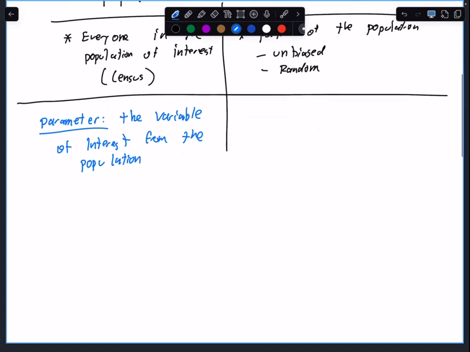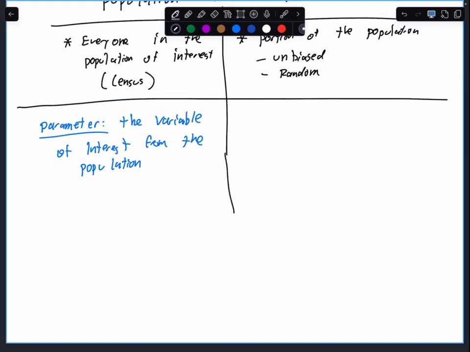The parameter is the variable that we are interested in studying about the entire population. In this case, like we were saying about the percentage, we want to know if it really is 60%. So what percentage of immigrants are adult males? That's what we're talking about. That is called the parameter.